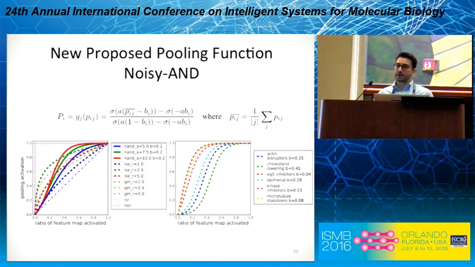This one's meant to mimic the logical AND function in a probabilistic setting. So it's a sigmoid with an adaptable bias that's always normalized to be between 0 and 1. And the adaptable bias is learned per class, so that way if a certain category requires less cells to be activated, that can move around. And here we can see that actually happening for different classes on one of the data sets we trained on.